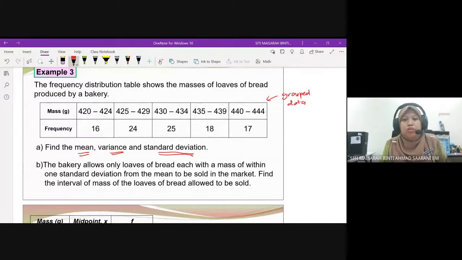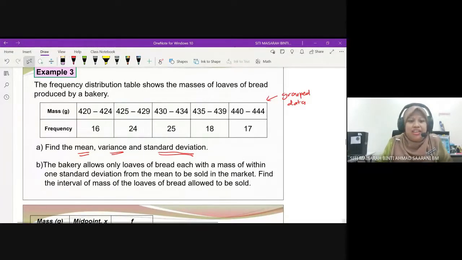So maksudnya awak kena cari interval tadi dah. 1 standard deviation from the mean. Maksudnya awak kena create interval. Satu mean tolak dengan standard deviation, satu lagi mean tambah standard deviation. So awak kena tengoklah yang mana yang memenuhi interval tersebut, yang tu yang dia allow loaf of bread tu lah, allowed to be sold.